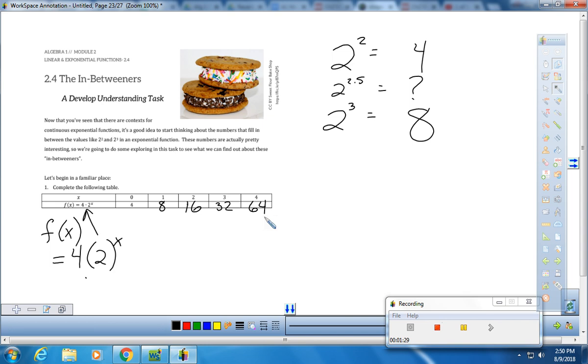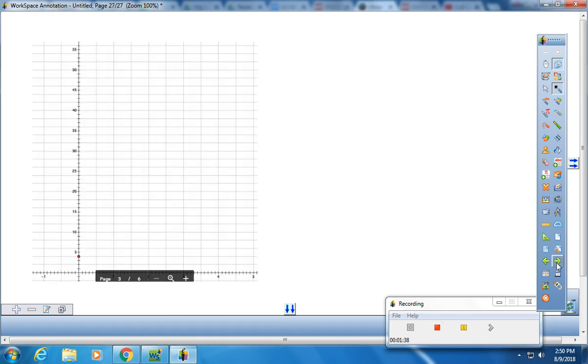So it wants us to graph those on the final page. So 0, 4, 1, 8. Just keep doubling them. So 0 was 4. 1 was 8. 2 is 16. 3 is 32.